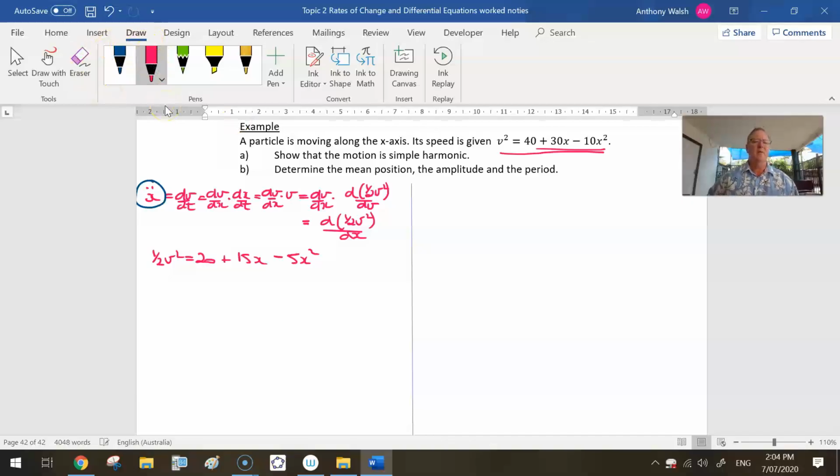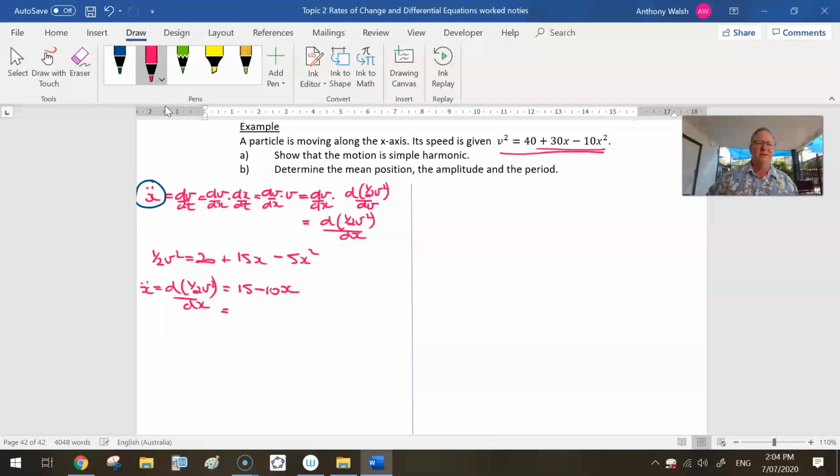And remembering what we just said, acceleration is equal to the derivative of a half v squared with respect to x. Do we have half v squared in terms of x? Yes, we do. Half v squared is 20 plus 15x minus 5x squared. So if I find the derivative of that with respect to x, I get 15 minus 10x.